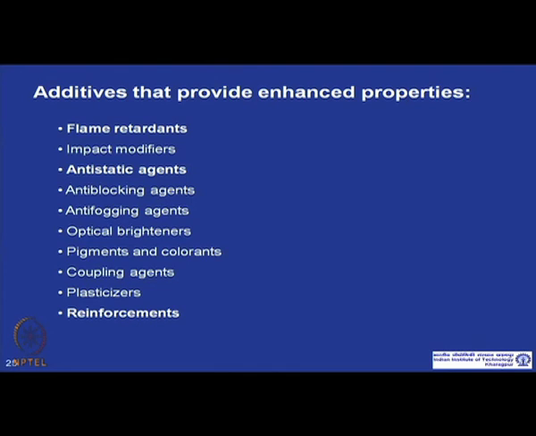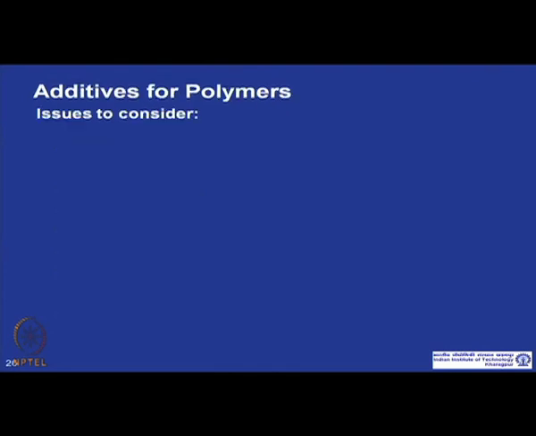If the anti-fogging agents were not present, the moisture would condense and the customers would not be able to look through that film. So, that would be a bad property of the film.